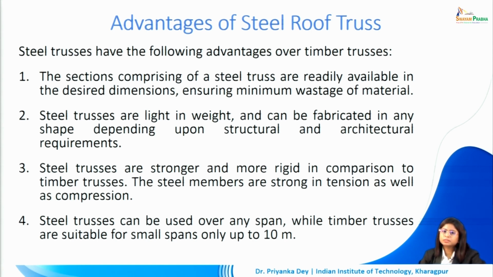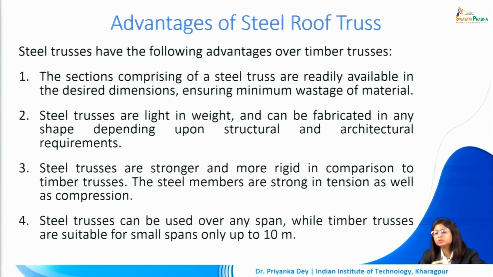Now the steel trusses are light in weight and they can be fabricated in any shape depending upon the structural and the architectural requirements, whereas in case of the timber truss, our options of different shapes are limited. If we for instance want to go for a curved truss with the help of timber members, we are going to have to cut the timber into very thin sections, very closely spaced.